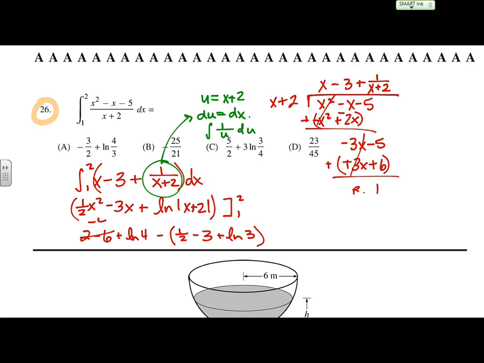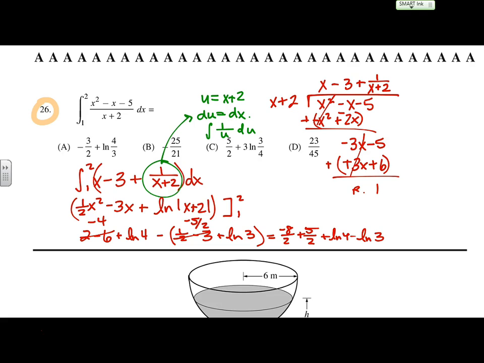And 2 minus 6 is negative 4. 1 half minus 3 is negative 5 halves. Negative 4 can be rewritten as negative 8 halves, plus 5 halves plus ln of 4 minus ln of 3.